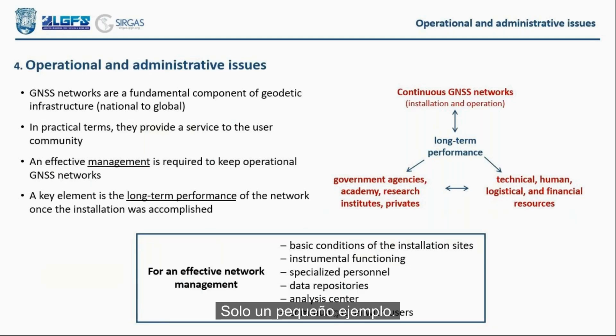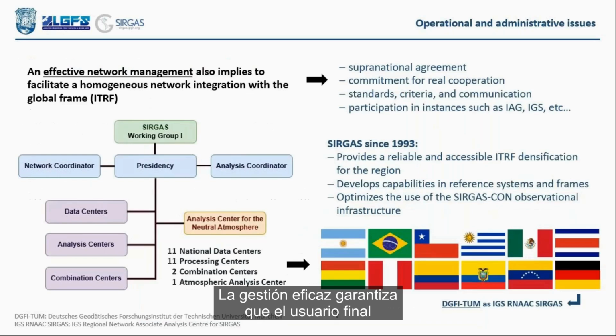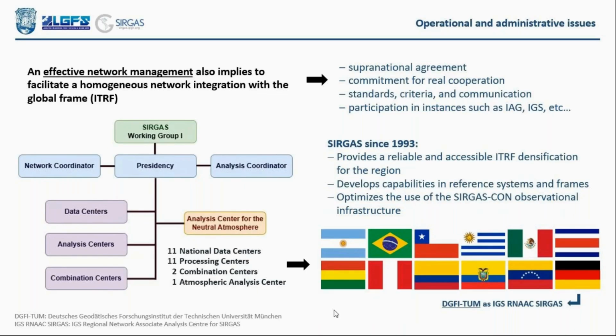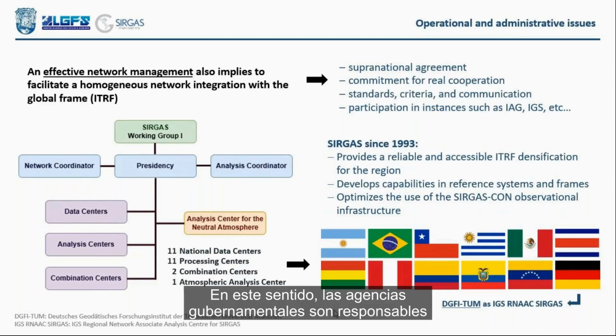Just a little example. So the effective management guarantees the final user knows their position, can take the position with a minimal error. In this sense, the government agencies are responsible, and not only the government agencies. Universities, as I was saying, and research centers can work together in this sense.